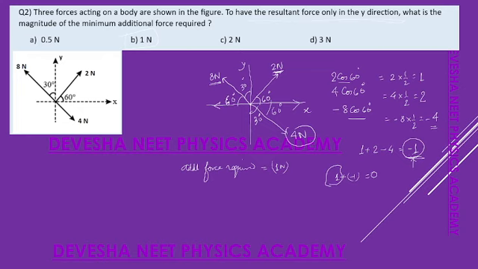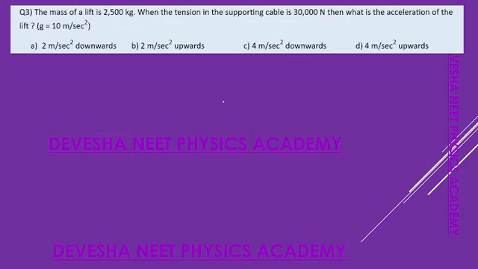Okay. Let's go to the third question now. The mass of a lift is 2500 kg. When the tension in the supporting cable is 30,000 newtons, then what is the acceleration of the lift? So imagine that this is the lift here.